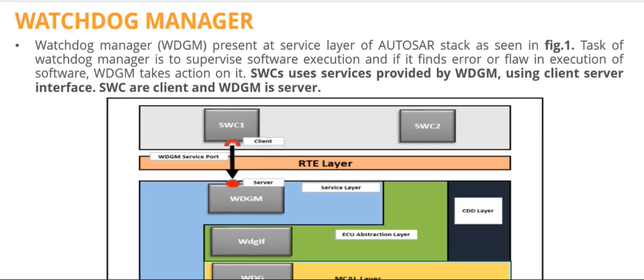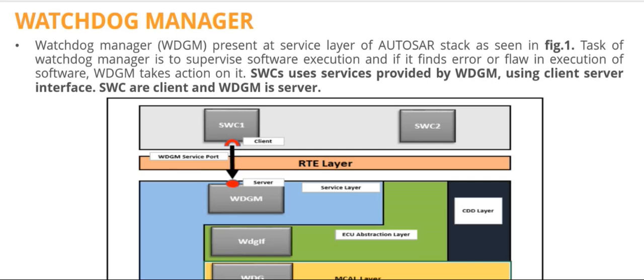Then the first component that we have in the service layer from the top is the watchdog manager. It is present in the service layer, and the task of the watchdog manager is to supervise software execution. Above the RTE layer, we will have many software components, and in the basic software we will have components, maybe for memory, and so on.